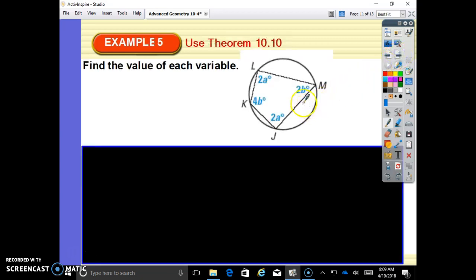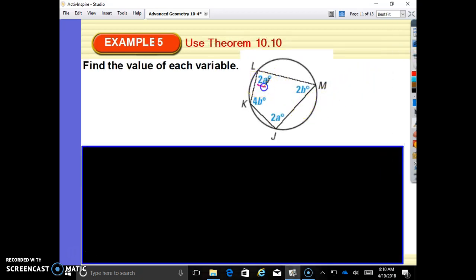So since they will always, always, always be supplementary, that means that 2a plus 2a has to equal what? 180. So if 4a equals 180, then what? A has to equal 45. So 45 times 2 is 90. They're 90 each. Well, that makes sense, right?